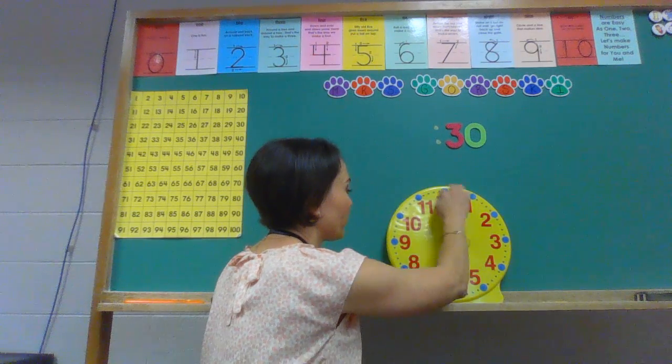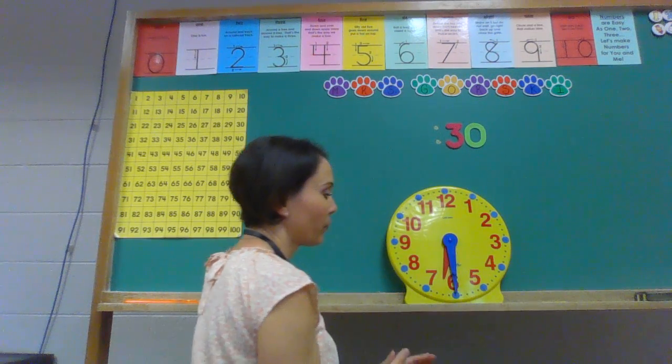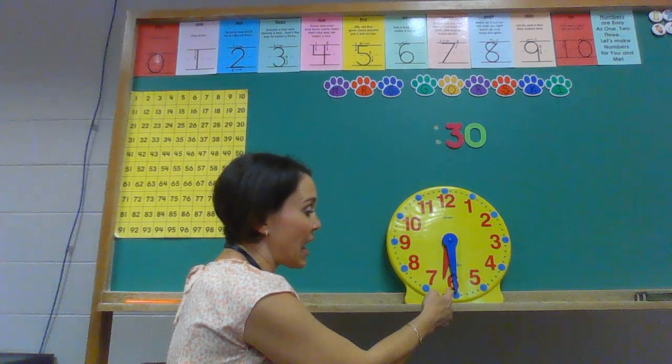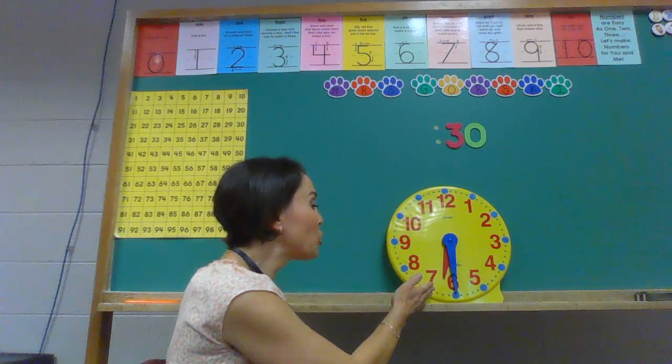Let me take this down. So notice, we are on the 30 again, but now my hour hand is in between the 6 and the 7. Remember what the trick is. You have to go to the hour before.